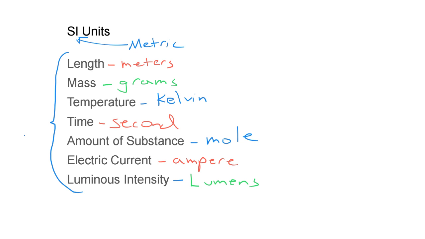All of these, you do need to know, but the ones we're going to focus on the most are meters, grams, and although it's not on here because it's not technically an SI unit, liters for volume.